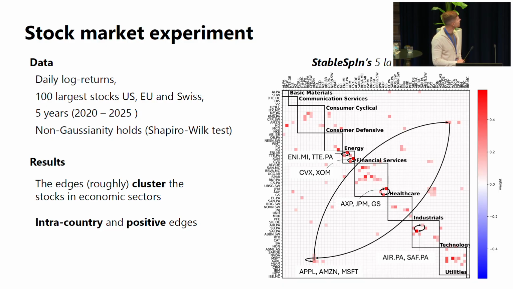Then we also have some mostly intra-country edges. This you cannot see here because I don't have the countries annotated. And the edges are mostly positive, meaning that the stocks move along the same direction.